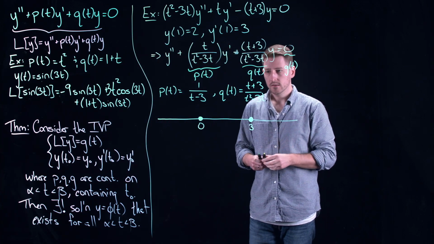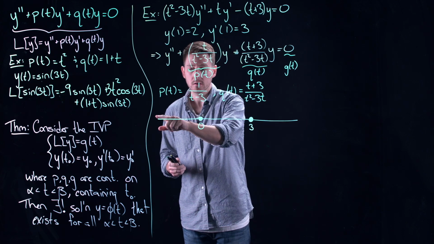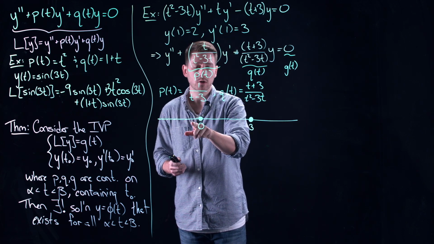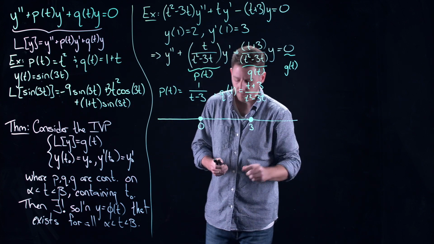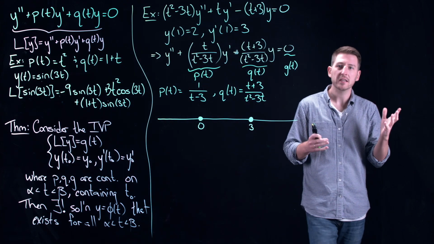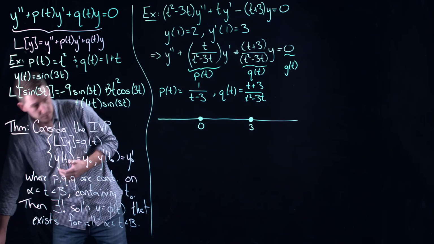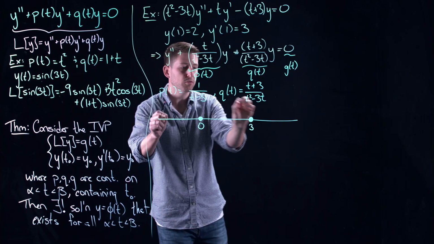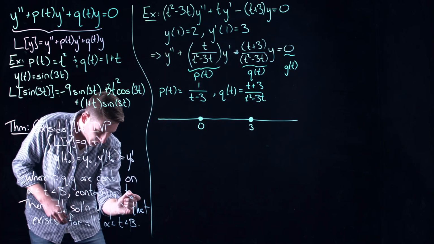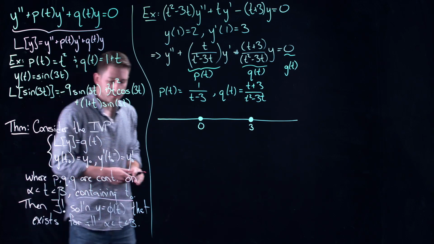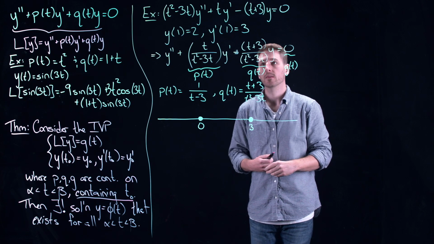Now what we can see is that p, q, and g are continuous from minus infinity up to 0, from 0 up to 3, and from 3 up to infinity. So the real name of the game now is to identify where exactly our initial point puts us, right? Which one of these 3 intervals does our initial point put us in? Because remember, a very important criteria here was that we need to find the interval that contains t naught.